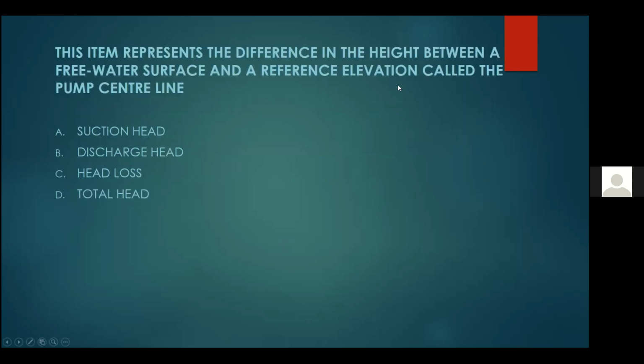That is a good one. Read it very carefully, you guys. This item represents the difference in height between a free water surface and a reference elevation called the pump center line. This comes right from the test question and is super important. What do you think?